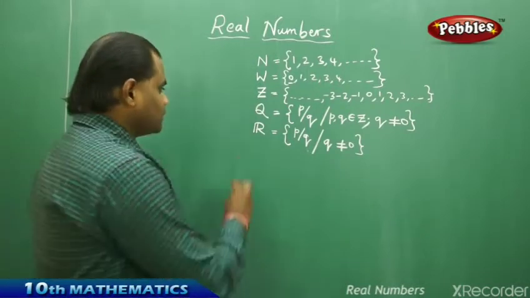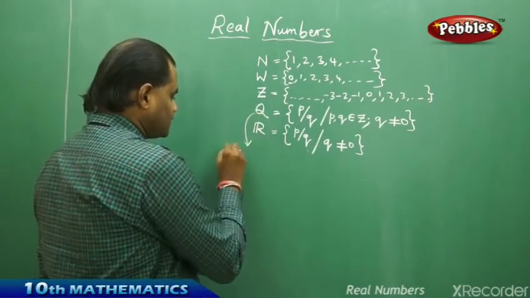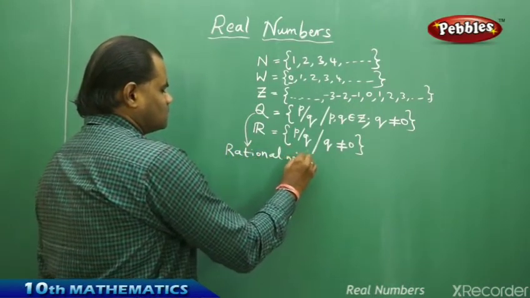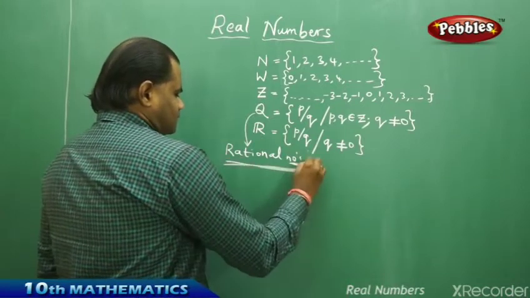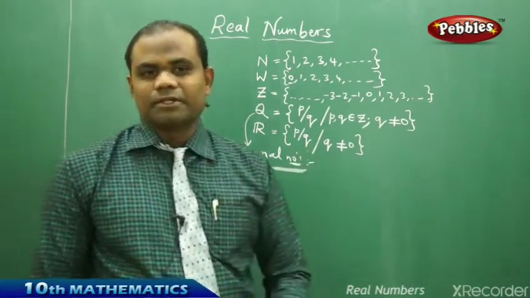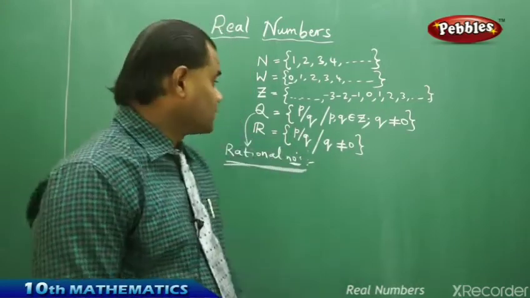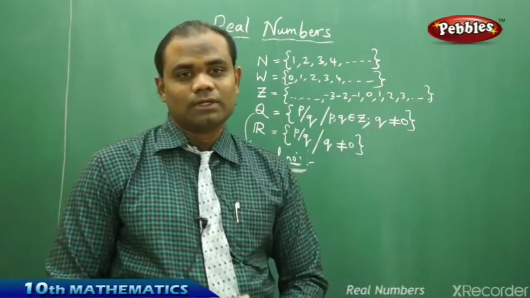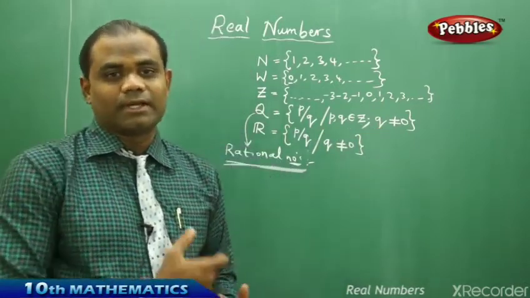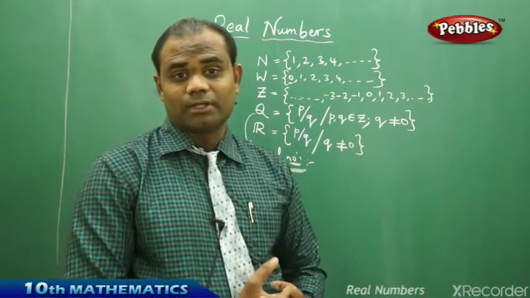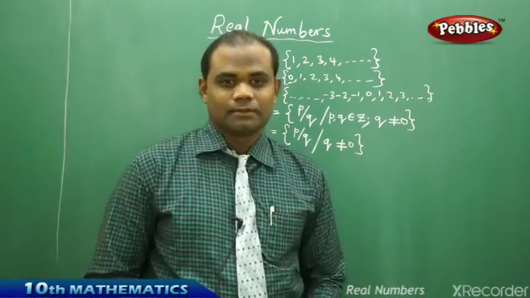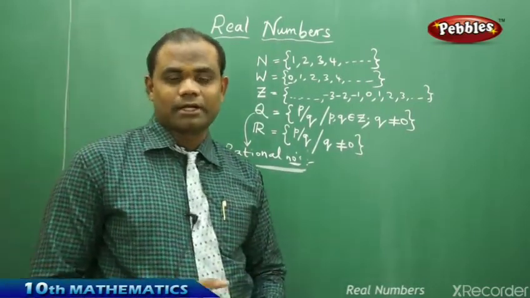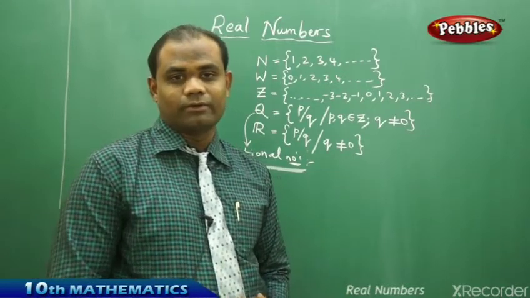Now to come more briefly to Q, we call Q the rational numbers. So what are rational numbers? More briefly, as defined here as p by q, such that p, q belong to Z and q not equal to 0. Let's take some examples as a recap of the topic already discussed in the previous sessions in the lower classes. So let's take some examples for rational numbers and see what type of numbers are rational numbers and what type of numbers are not rational numbers.